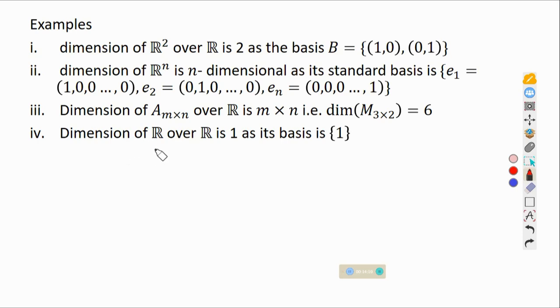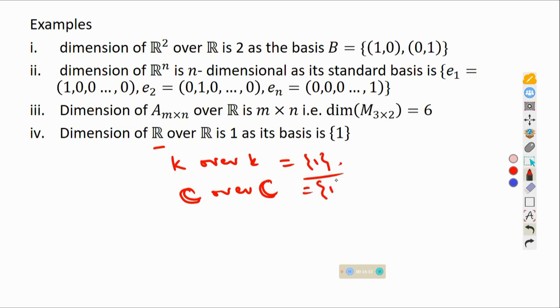So when you are looking at the dimension, maybe they tell you K is a vector space of some elements. Then they ask what is the dimension of K, the vector space K over the field K. Then it will always be 1. The dimension of the complex space over the same, it will always be 1.